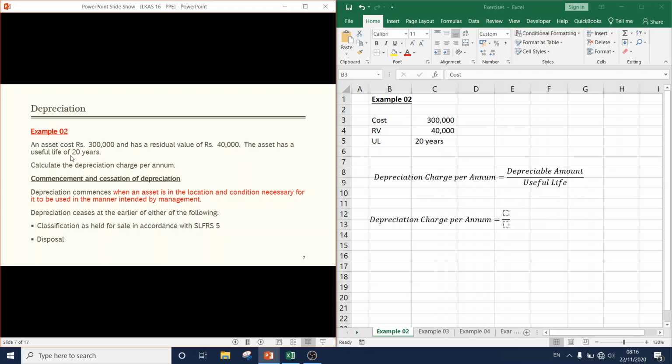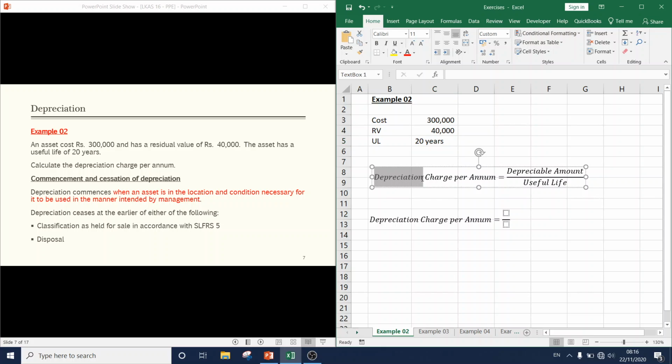The asset has a useful life of 20 years. What we need to do is calculate the depreciation charge per annum.